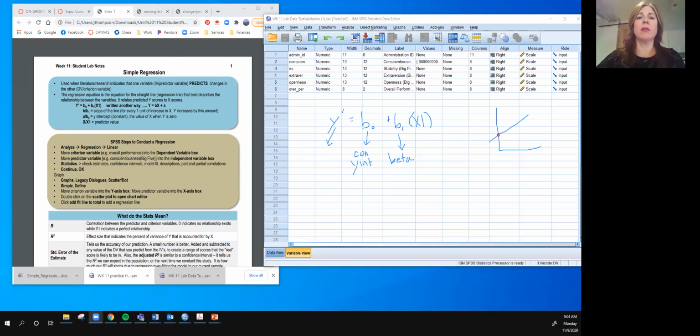This constant is basically the mean of the dependent variable. It's what we know, and that's the Y-intercept and where it enters in the line. This is the beta weight, and this is the IV, or the predictor, and it's the score.